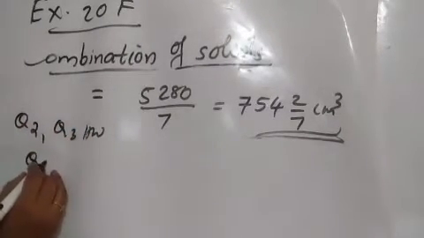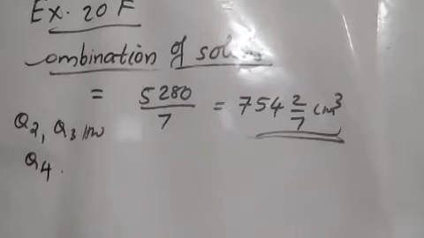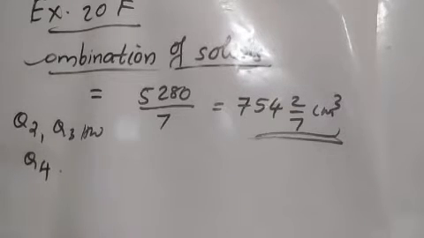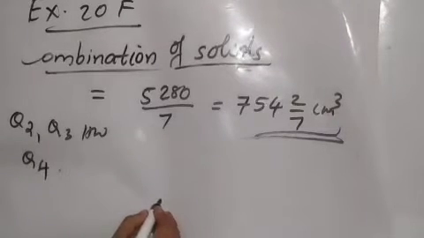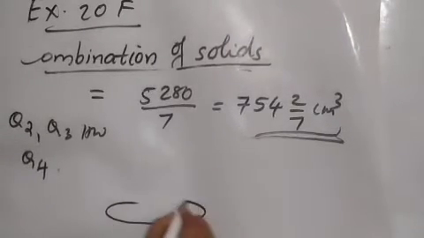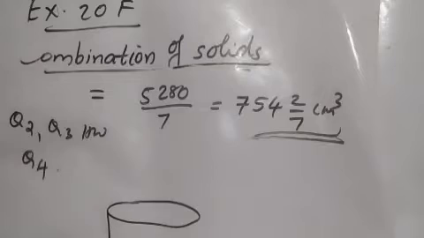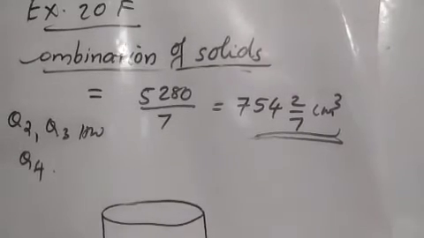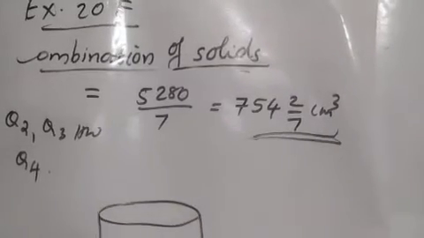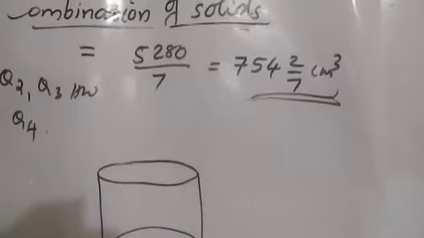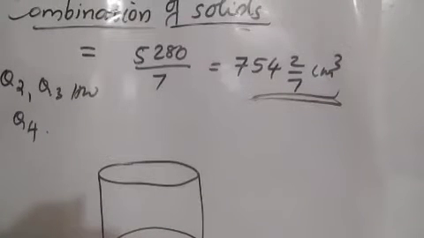And question 4. A circus tent is cylindrical to a height of 8 meter surmounted by a conical part. Let us draw the diagram. Circus tent is in the shape of cylinder. First part is of cylinder and surmounted by, that means the top portion is conical part.